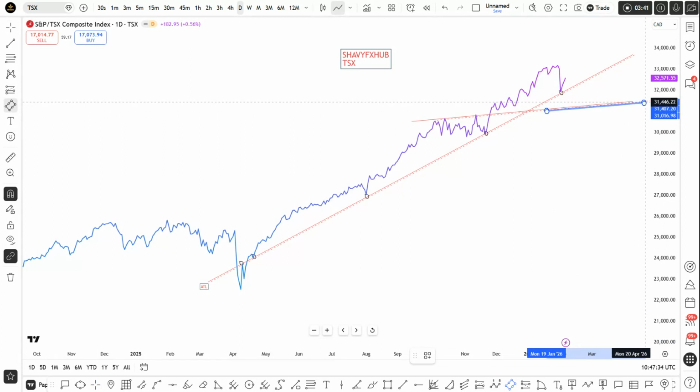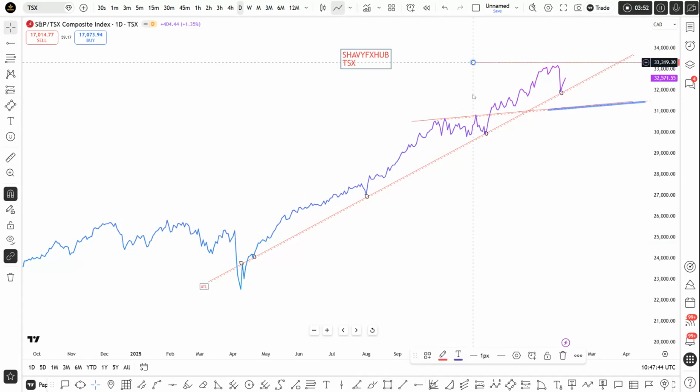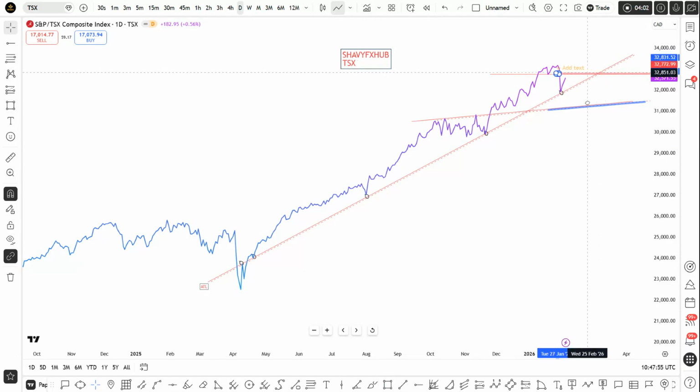After a rally correction, you cannot tell when the market will correct. But there is something I'm seeing at the moment. I'm seeing a partial M structure on daily, and this looks like the neckline of that M structure. So if price returns there, that could be a sell short on daily time frame.